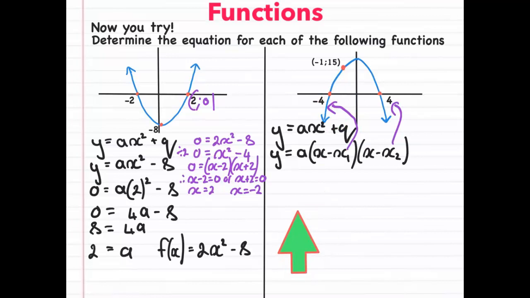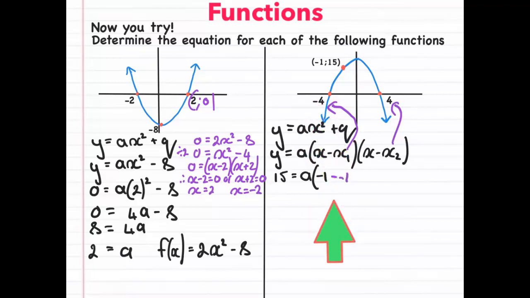So let's do the substitution then. My y is 15. Where did it come from? That other point's 15 goes into the place of y, equals a, and then what is the x of that point? Minus 1, so put that in. This is minus 1, and then minus x1, which is minus 4, so it will be minus minus 4.